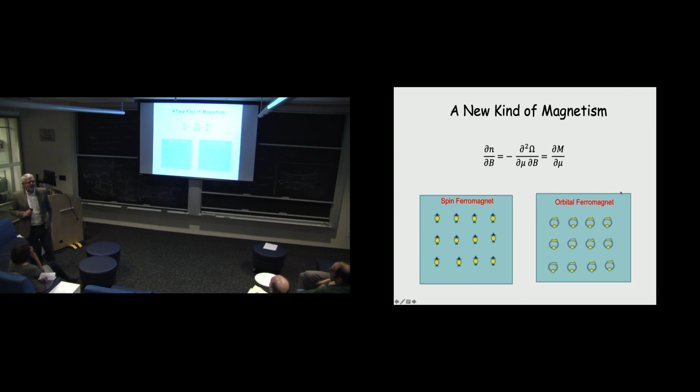And I believe this is the first example of something I remember actually asking my professor about when I took a graduate course in solid-state physics: why are there no orbital ferromagnets? That's still an interesting question, but this is an orbital ferromagnet. There are no free spins in this system.